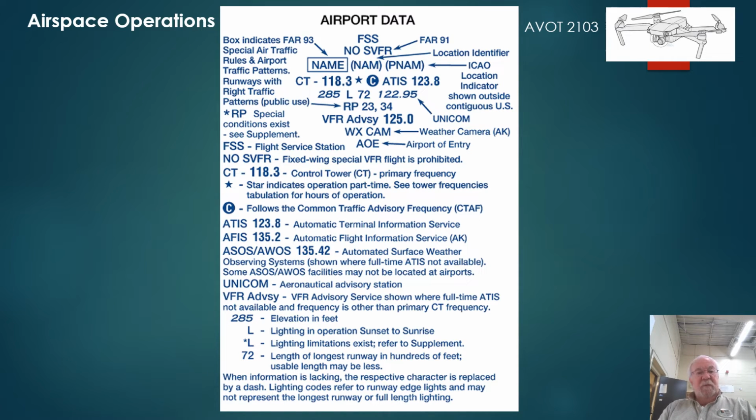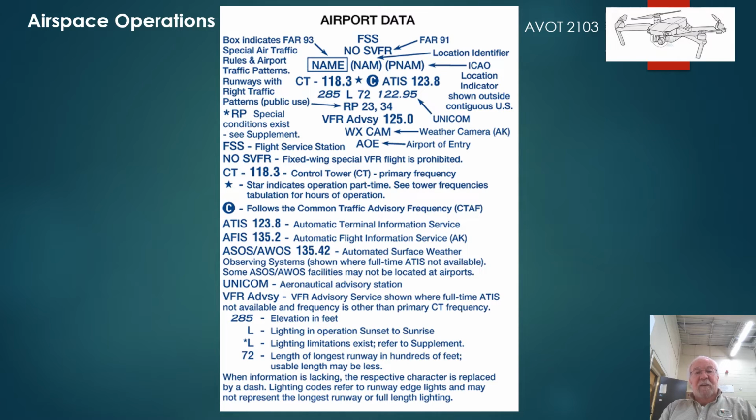Airport data, this is on the legend of the chart as well. So if you forget what the little C with a circle is, it explains it. Also, a lot of information. The other thing we would note here is that we know traffic patterns are standard left-hand turns, but sometimes it says RP next to the runways.